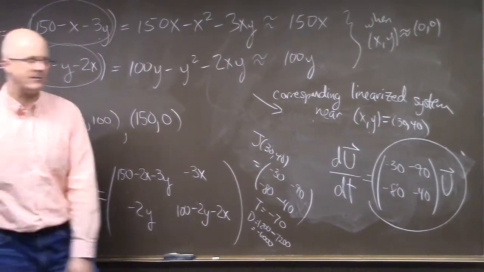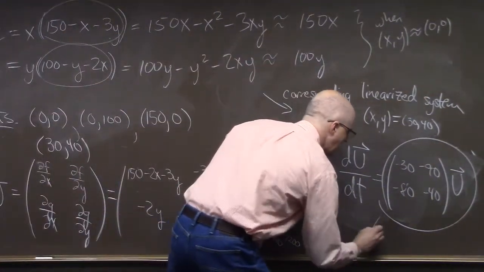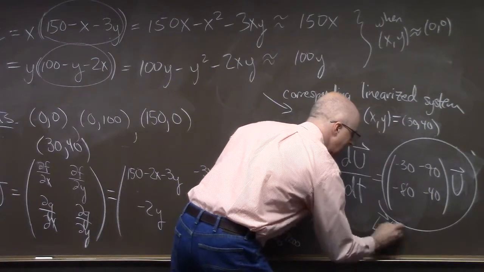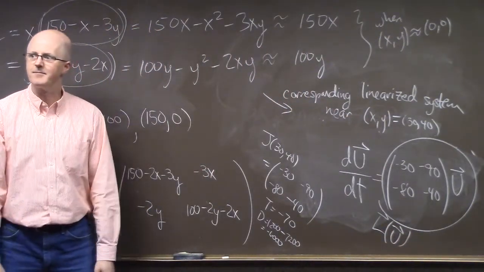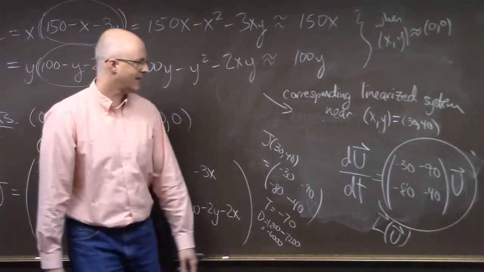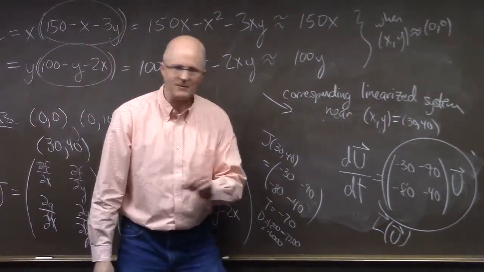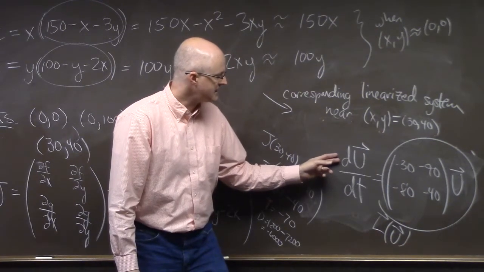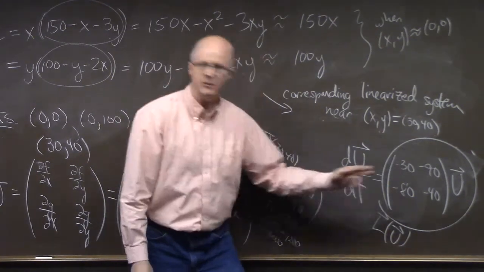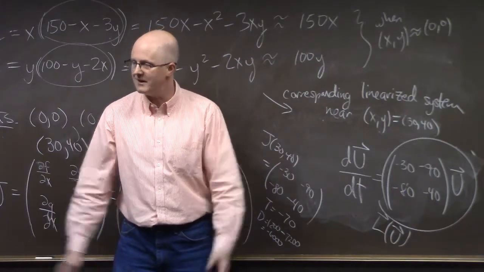On the test, I'm also going to call this capital L of capital U vector. It is a vector field. When I write the question, I'm going to just say, find the linearized system dU/dt equals L of U, and it's up to you to find the formula for L of U.